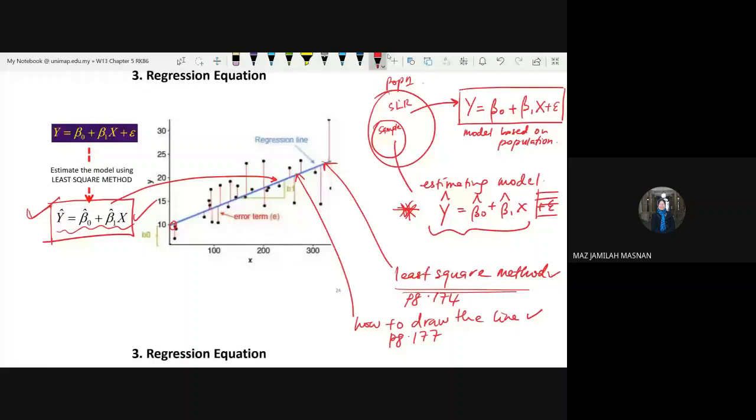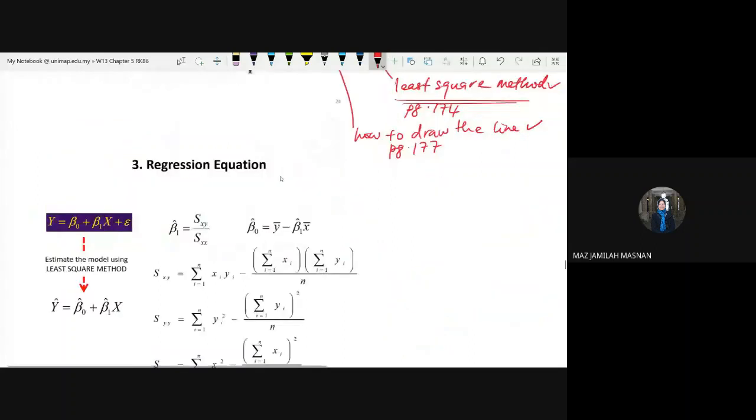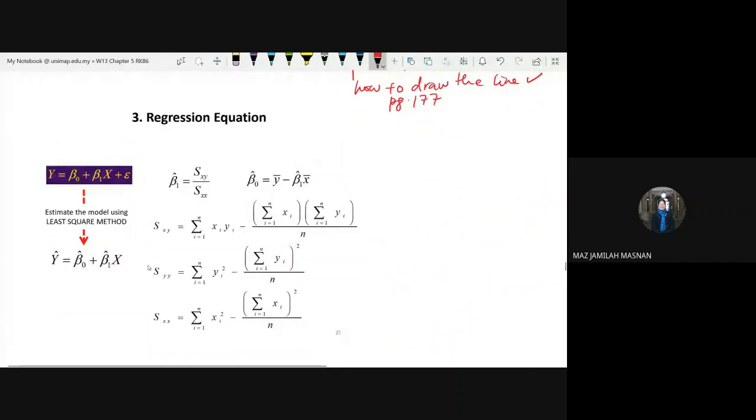Okay, so I would like to go straight to the next discussion on how you can find your estimated model. This is what we call the estimated model.